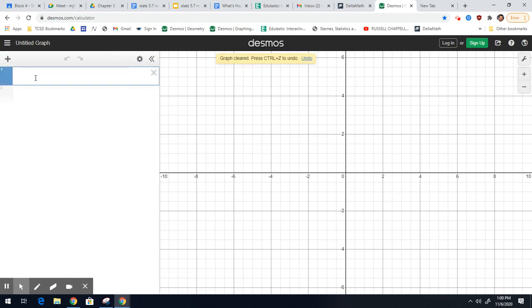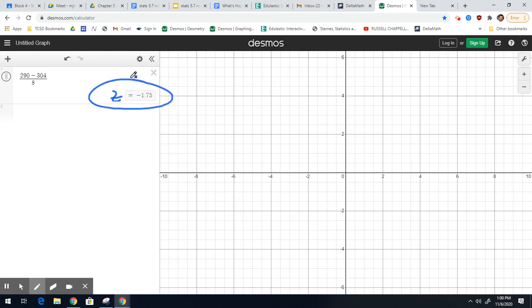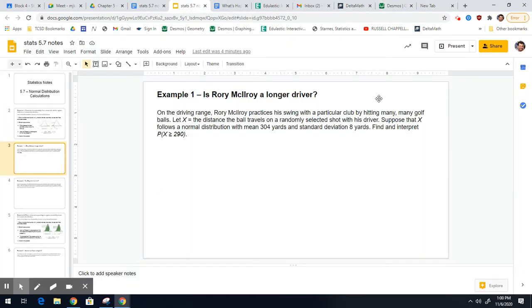The first thing I would do is press the fraction bar, and you do 290 minus 304, and then divide that by 8. And there is your z-score, negative 1.75. Usually we do 3 decimals, but it did not have 3 decimals, so that is okay.